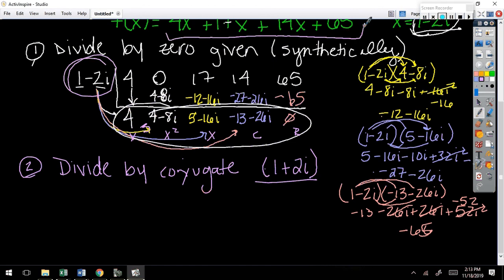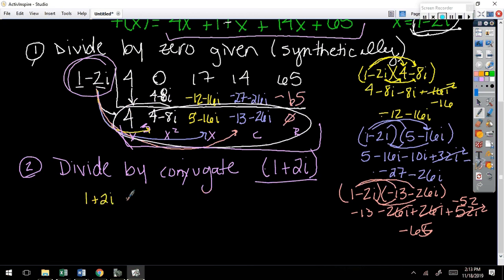So I'm going to divide by the conjugate, but I am actually going to use what I just got whenever I divided. Make sure you write this down, because this is where it gets a little sticky, okay? I'm going to divide by 1 plus 2i, but I'm not going to divide all of these this time.